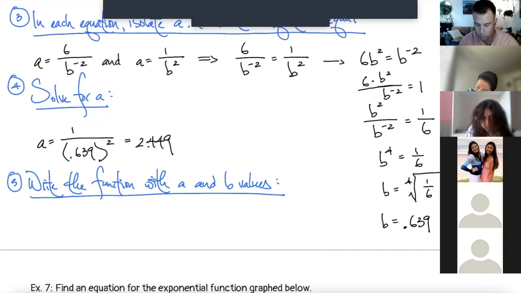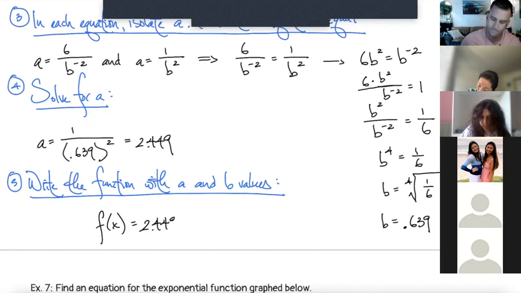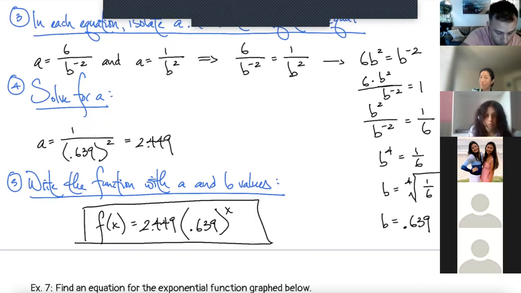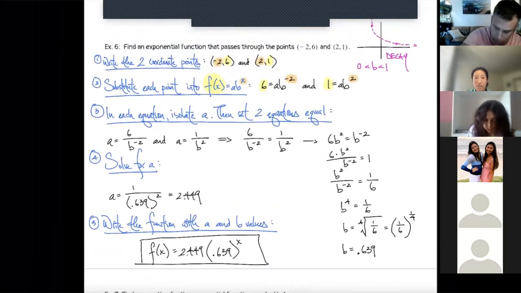So we would write f of x equals, instead of A, 2.449, instead of B, 0.639 to the x. Once I've finished that 5th step, that is our final answer. Because if we show all of this on one page, we found an exponential equation that passes through these 2 points. Okay.